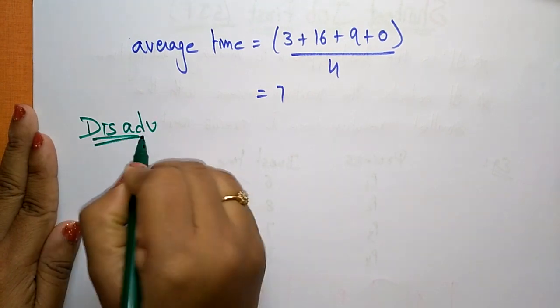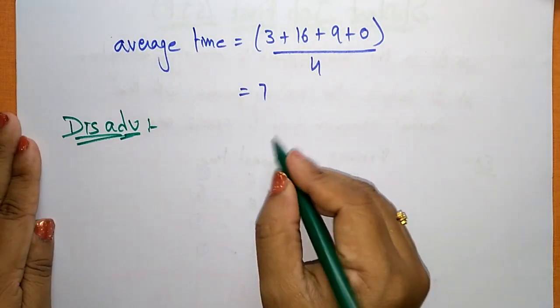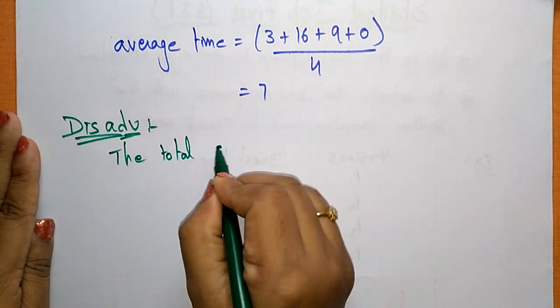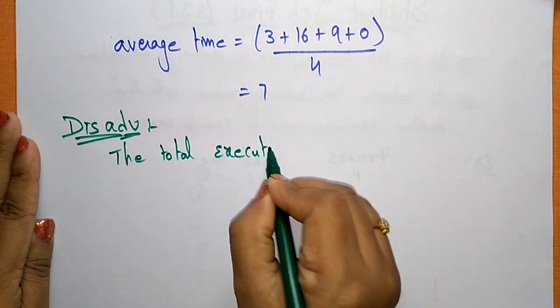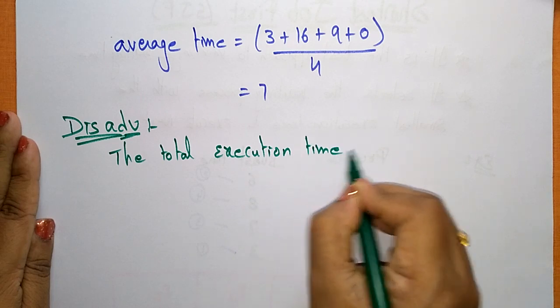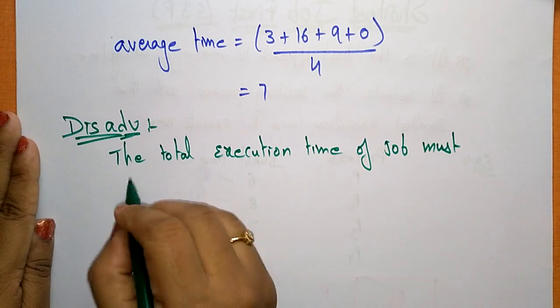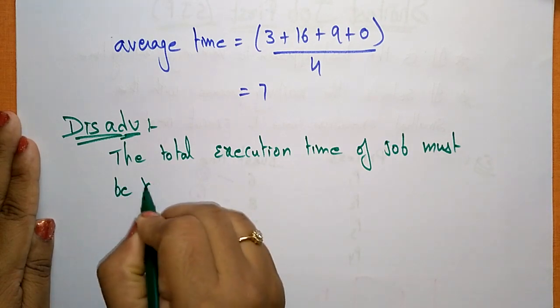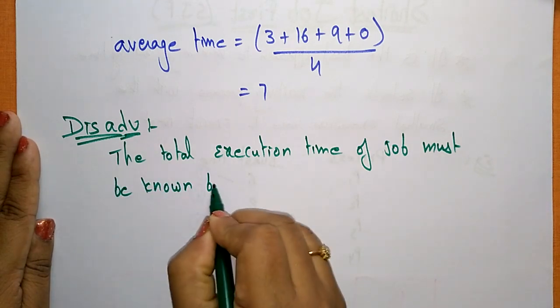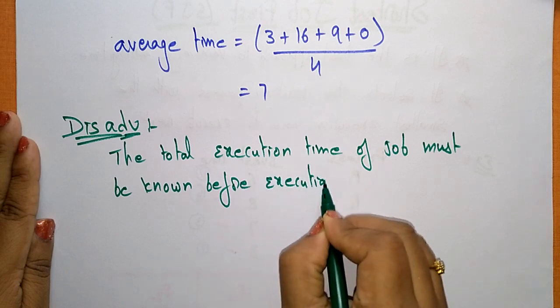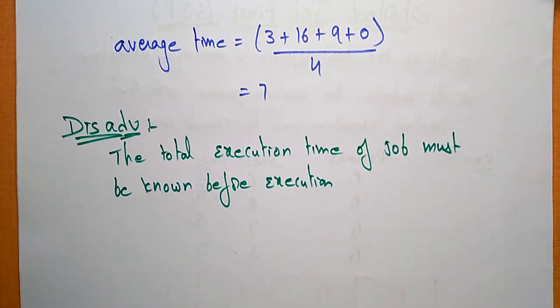What are the disadvantages if you use shortest job first? The total execution time of a job must be known before execution. So you have to know how much time it is going to take before the execution only.